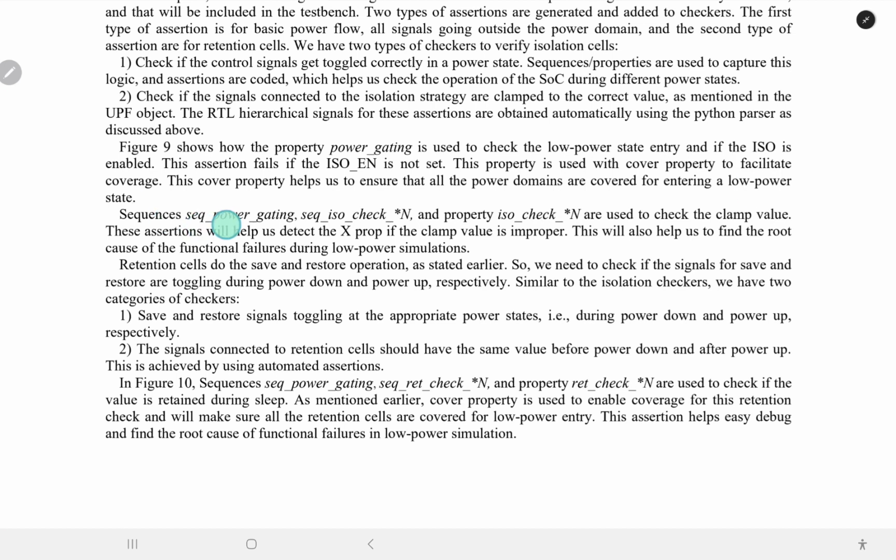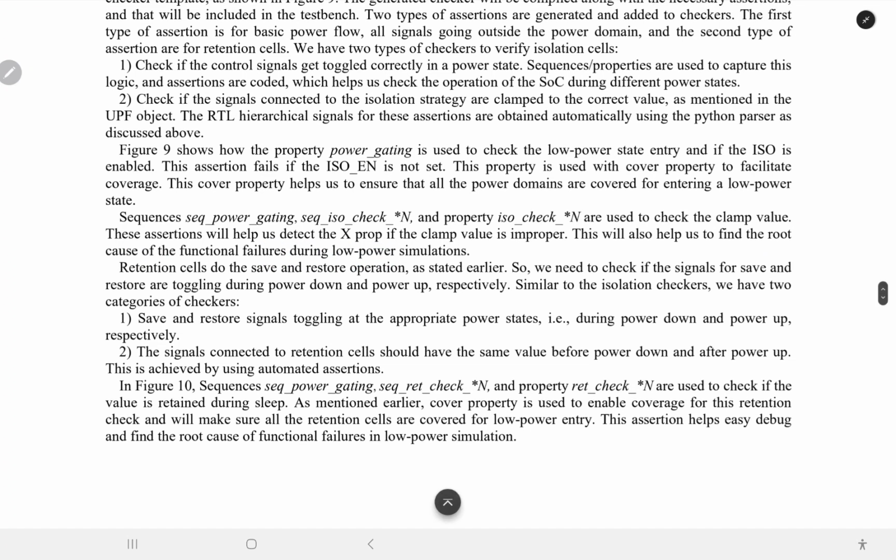The sequence power gating sequence ISO check and property ISO check are used to check the clamp value. These assertions will help us to detect the X-propagation if the clamp value is improper. This will also help us to find the root cause of the functional failures during the low power simulations.